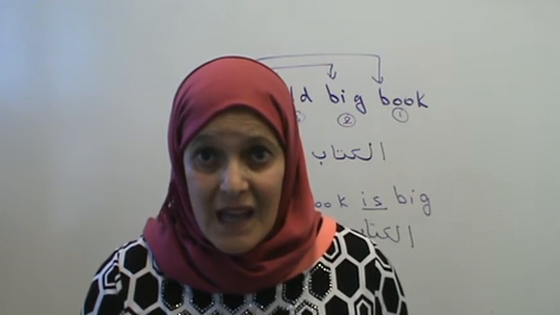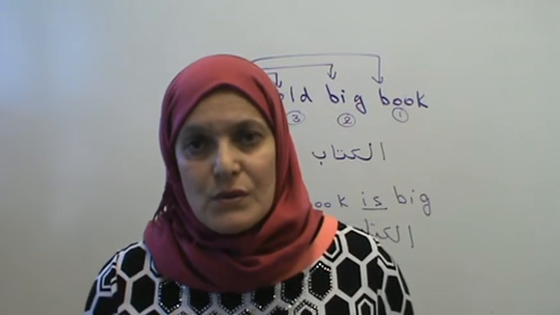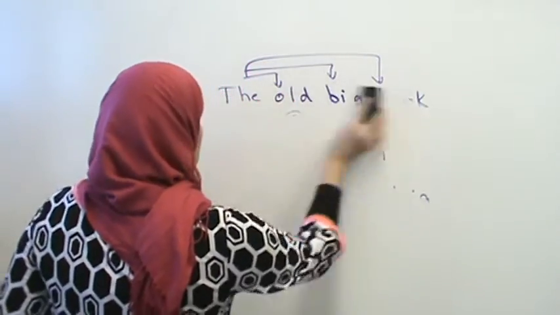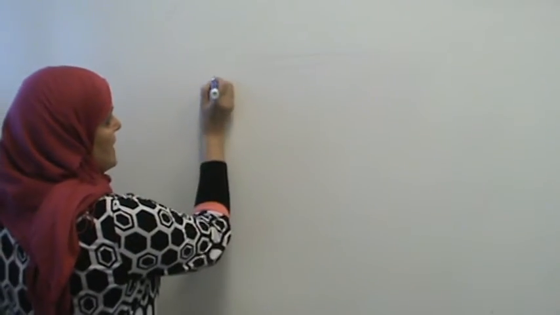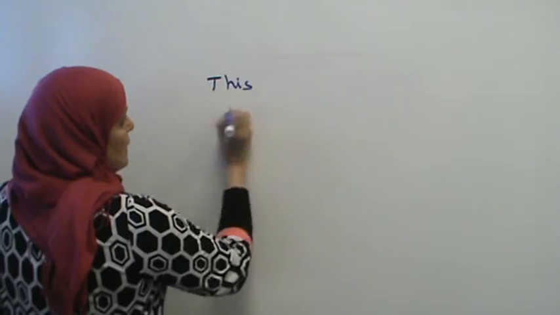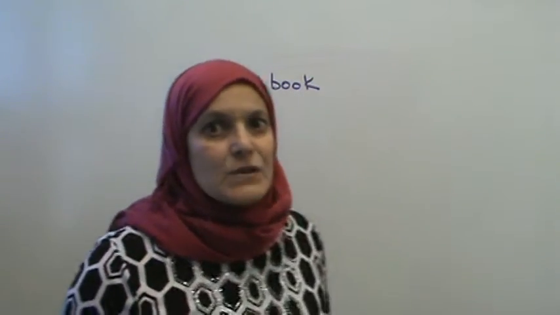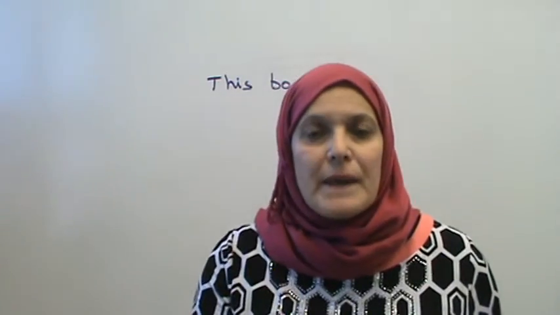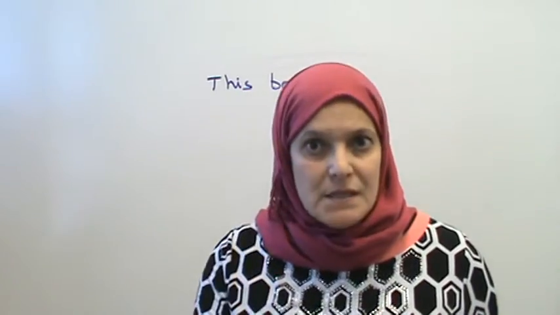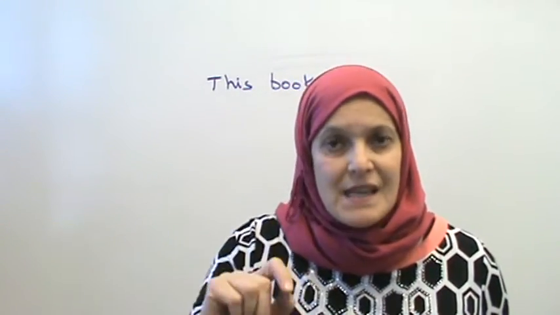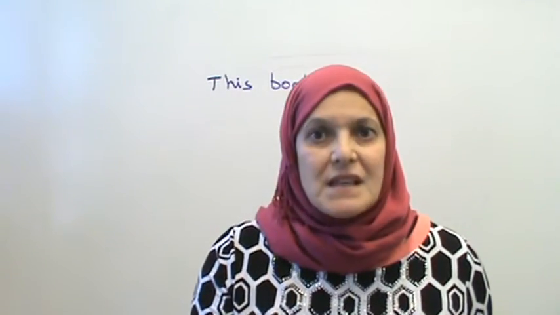Now I want to move to the this, the demonstrative pronoun. When I say this book, in English we don't need the. But in Arabic, the minute we point at this thing, the this makes it definite.